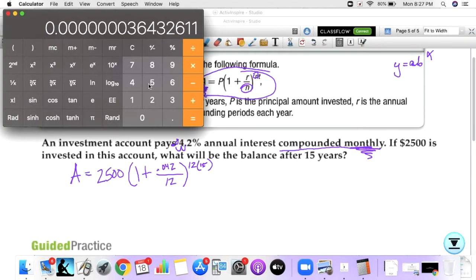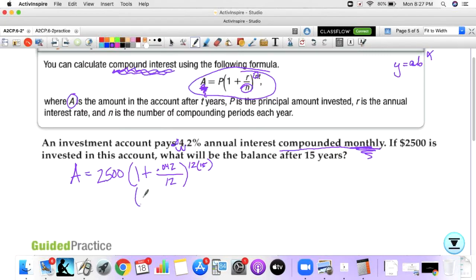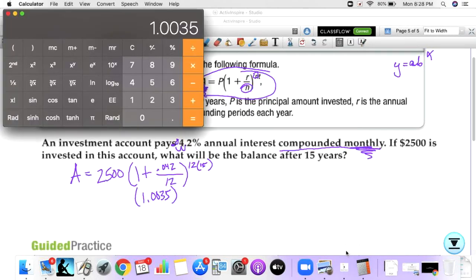So we're going to start off with our 0.042, and we're going to divide it by 12. So we get 0.0035, but we're going to add 1 to that right now. So we end up with over here 1.0035 raised to the, and I really should calculate 12 times 15.